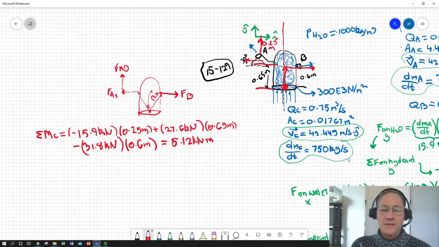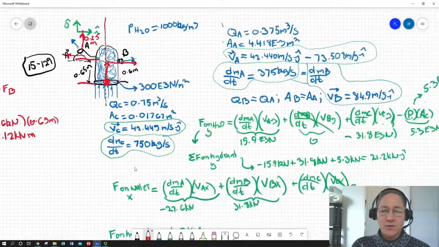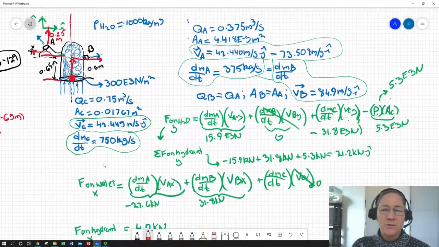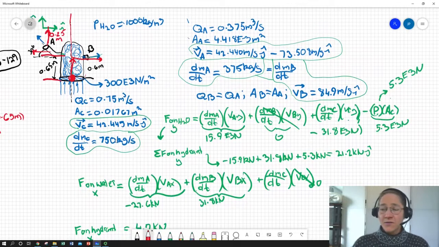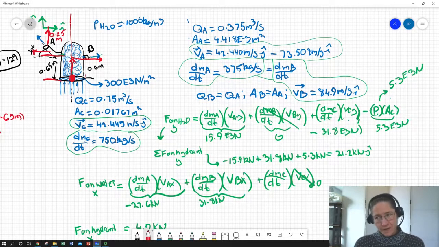So that's how you step through the application of impulse momentum for a steady flowing fluid, where it's flowing into a reference volume that's really not a flowing reference volume, it's a container. I would call this basically a pressure vessel. So it flows in, stops.